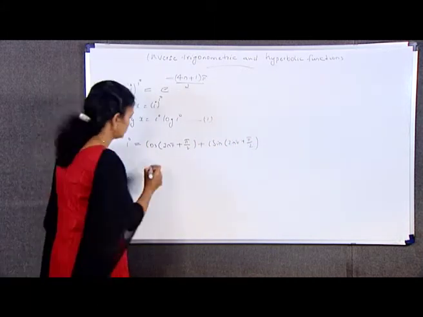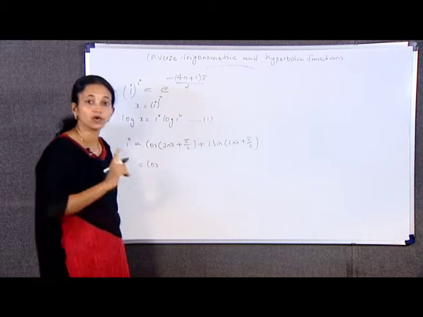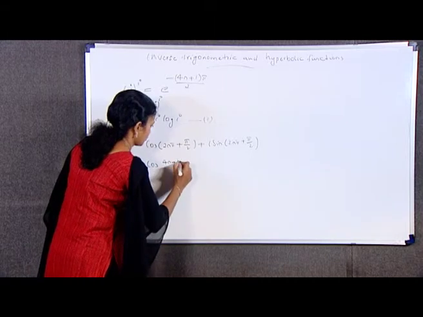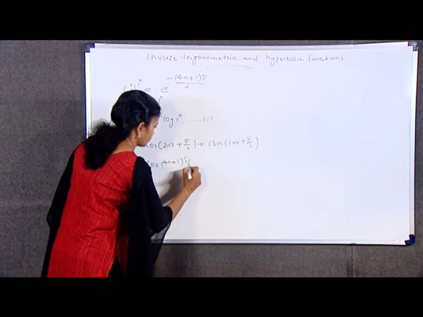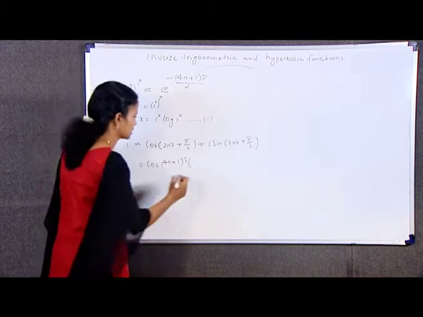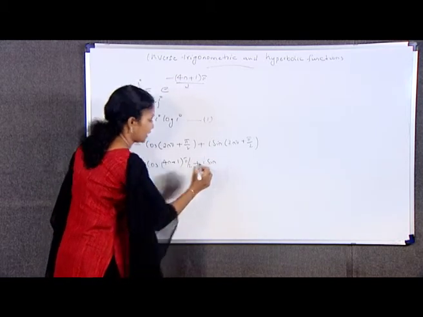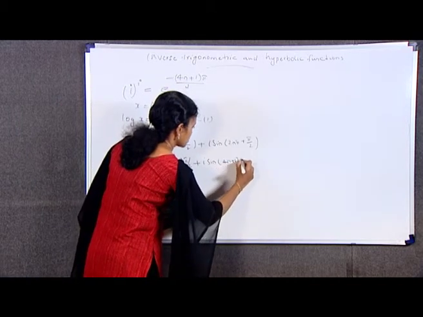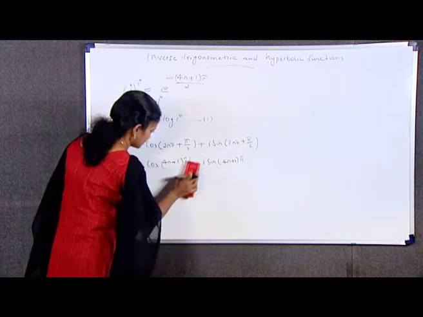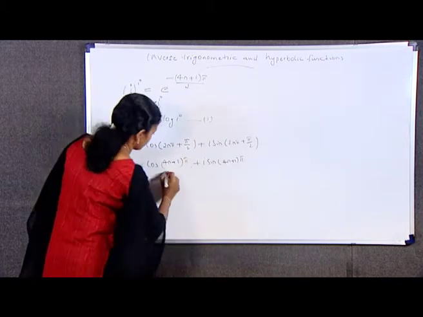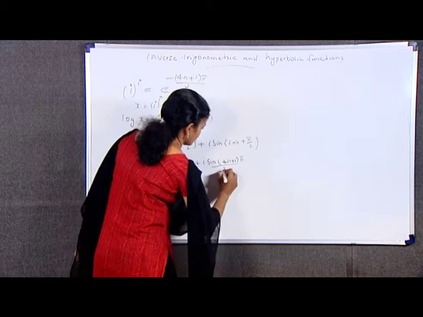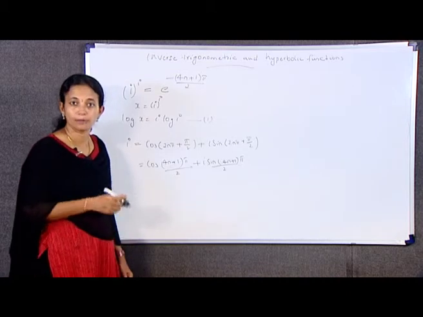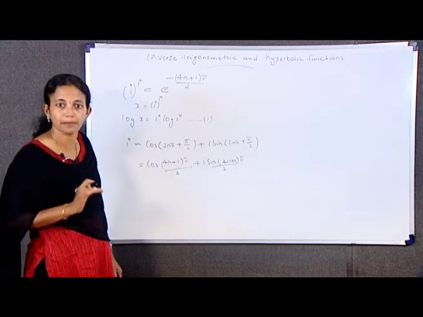This is equal to cos (4n+1)π/2 plus i sin (4n+1)π/2.